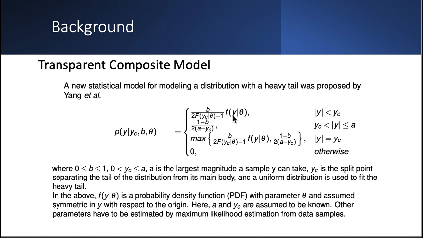F_Y with parameter theta is a probability density function, and we assume that it is symmetric around its origin. A and YC are assumed to be known, otherwise the rest of the parameters are estimated using maximum likelihood.